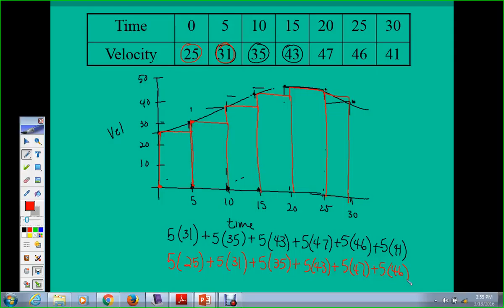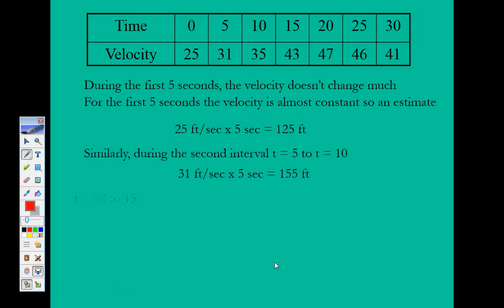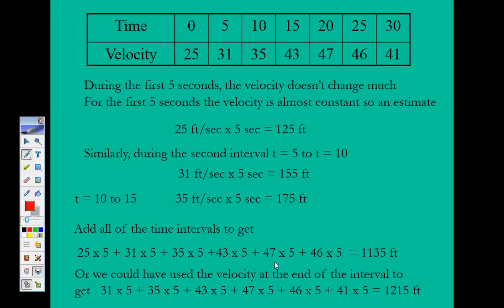So now let's look at that process that we just went through numerically. So we can calculate those values. And when we calculate those values, there is using the left side of the rectangle, and then there's the right side.